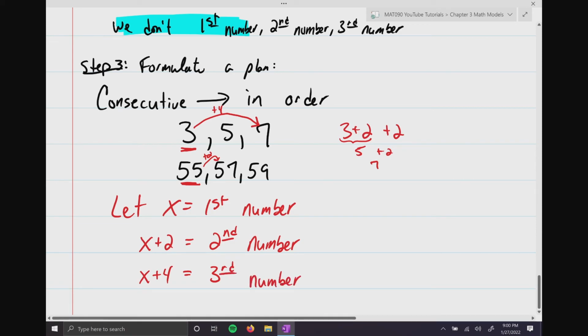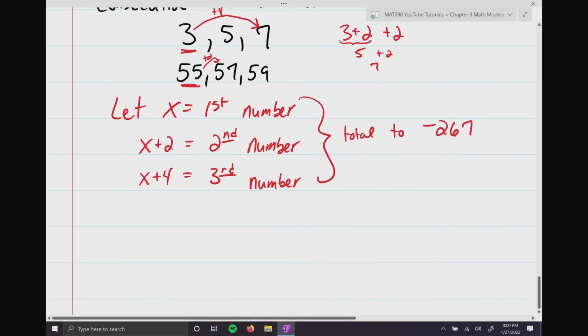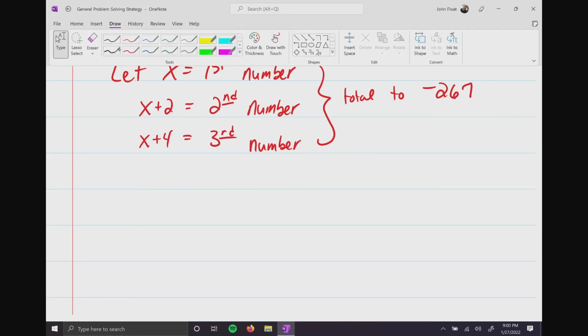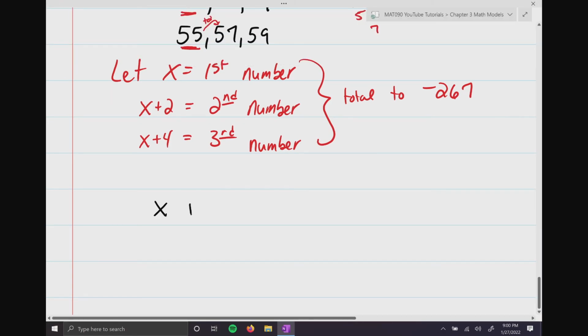And now that we know our 3 numbers, we know that these have to total to negative 267. So x plus x plus 2, which is our second number, plus x plus 4, which is our third number, has to equal negative 267. And right here is our own equation that we created for step 3.